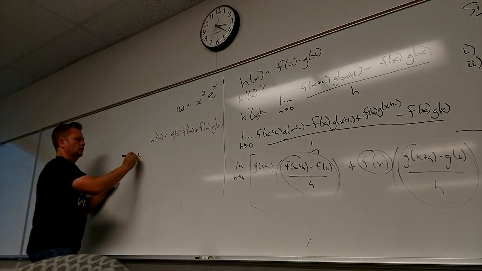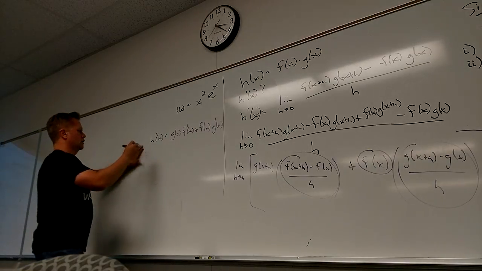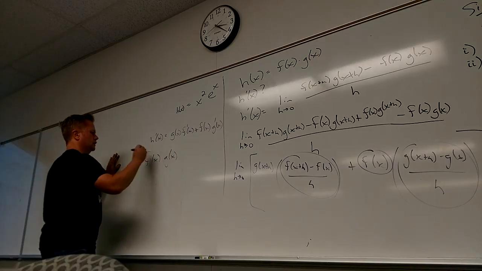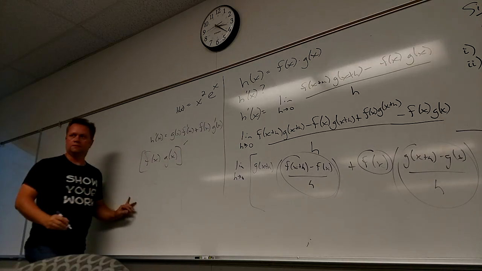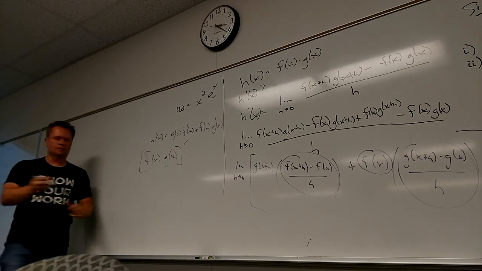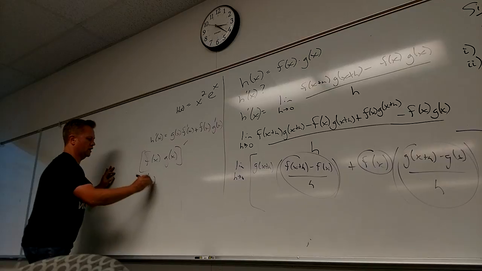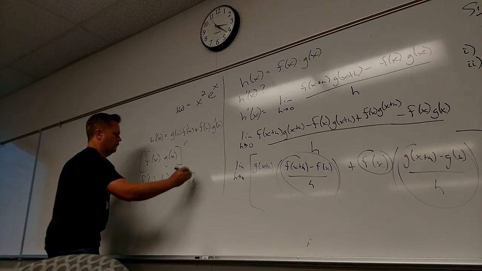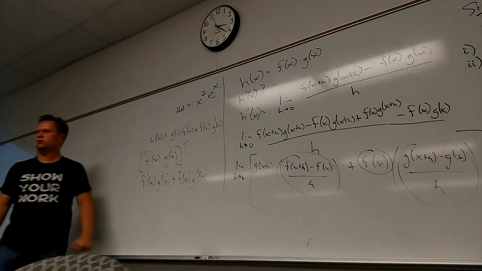So here's the idea. If I have f times g, I love this idea, and I want the derivative of it, they take turns. This is the derivative of f times g, so f got a turn, plus f times the derivative of g. They take turns.